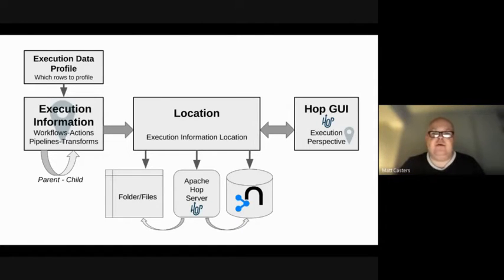And then you can query that information either in the folders and files or Neo4j, or using the Hop GUI, where it's useful to see what's going on. And we also have a transform that actually can query that information. So you can get the information about what got executed and all the details that I will show you later.